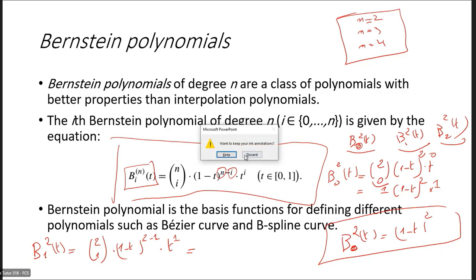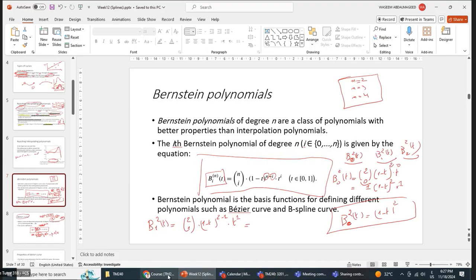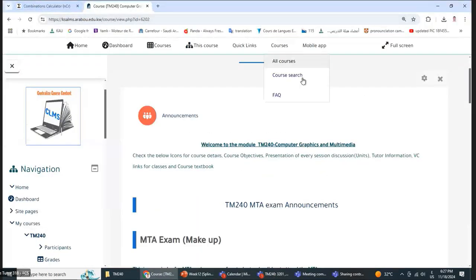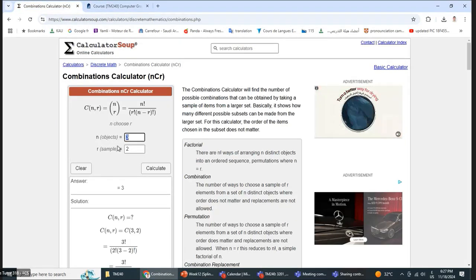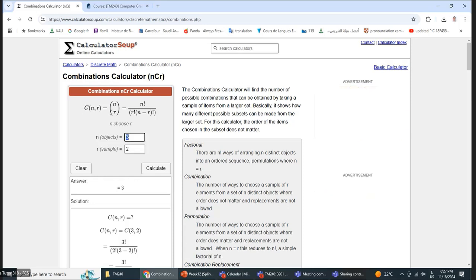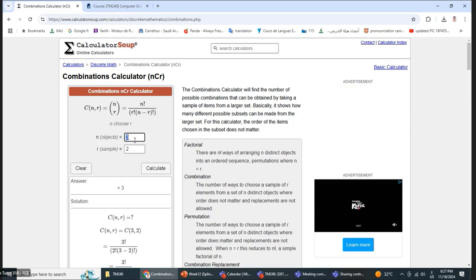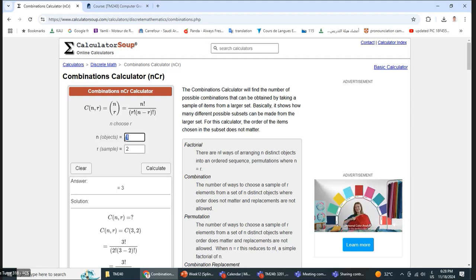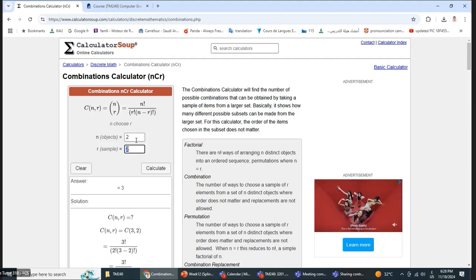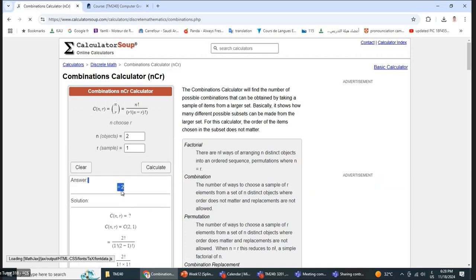We can check this with a calculator or on the net, the nCr or combination calculator. With n equal to 2 and r equal to 1, the value is 2.